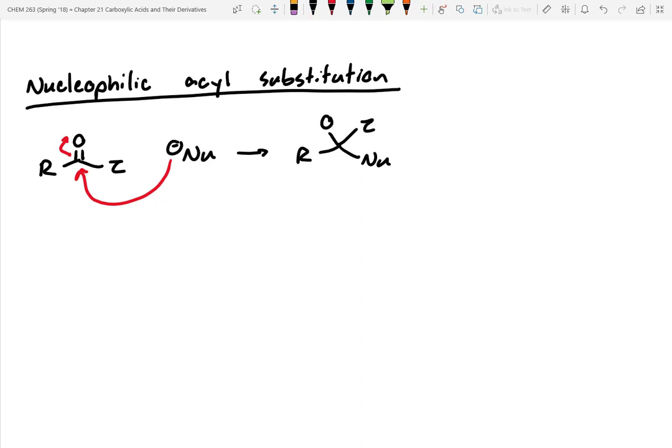Oh, that should be a Z. Now this oxygen has a negative charge. Now in this next step, we can kick this off. And just like I said before, the Z should be a good leaving group. That's what makes this entire process work.